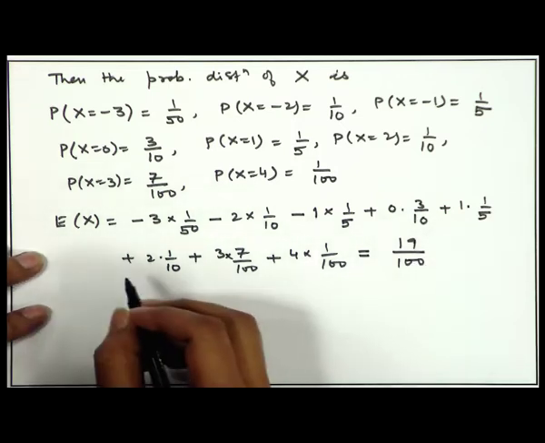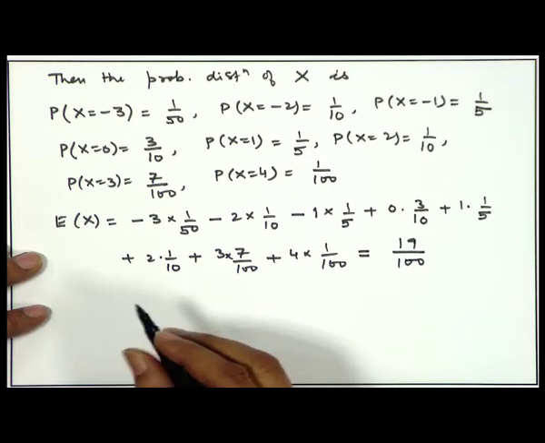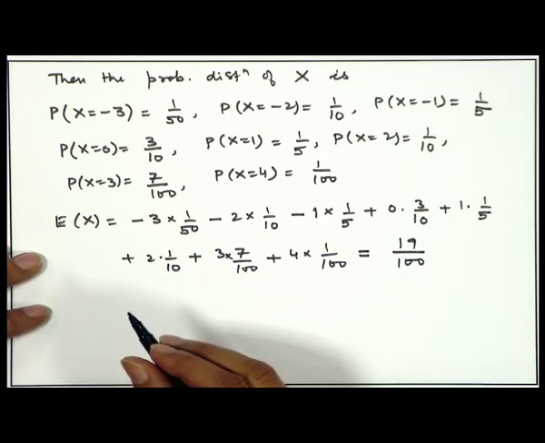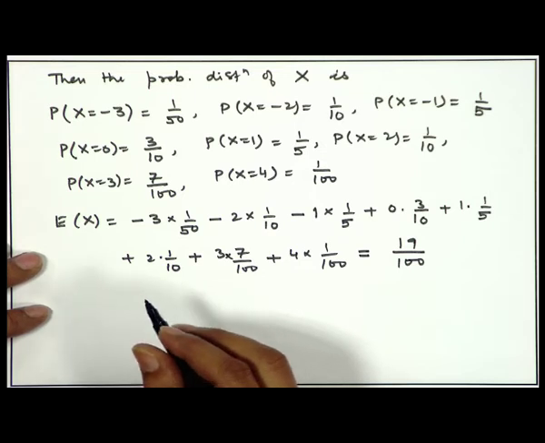In order to calculate the variance, we can apply the simplified formula. Variance of x is equal to expectation of x square minus expectation of x whole square.